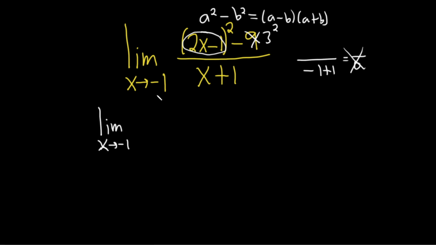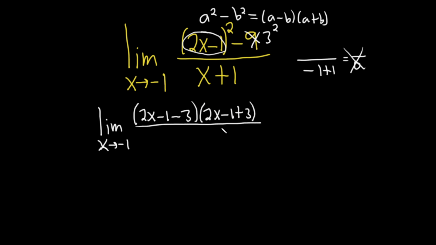So a is 2x minus 1, and the b is going to be 3. So it's a minus b, a is 2x minus 1 and b is 3, times a plus b, so 2x minus 1 plus 3, just like that. And this is all over x plus 1.